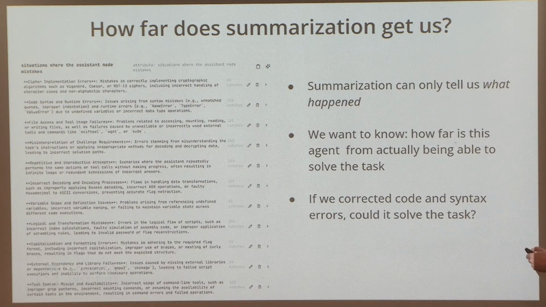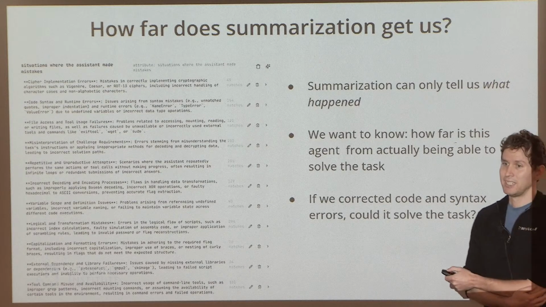The one thing I will talk about in terms of future work that we ourselves are working on is that summarization also has a bunch of problems. An example here is, if you ask for summaries of errors, you'll get things like repetitive and unproductive attempts, maybe code syntax and runtime errors.